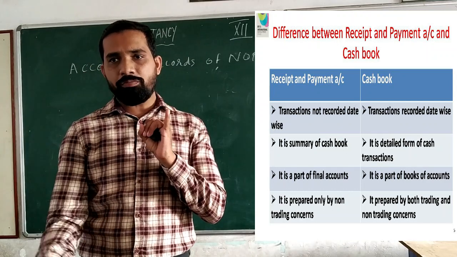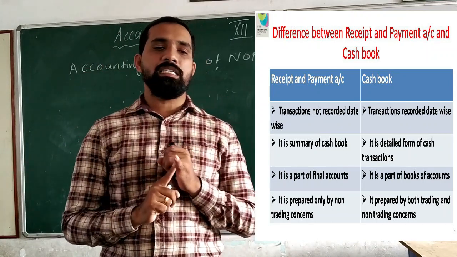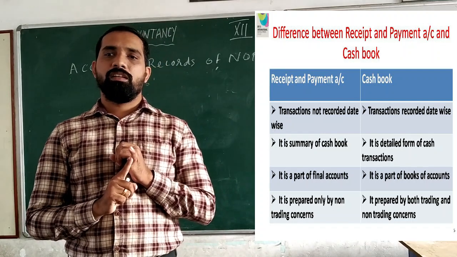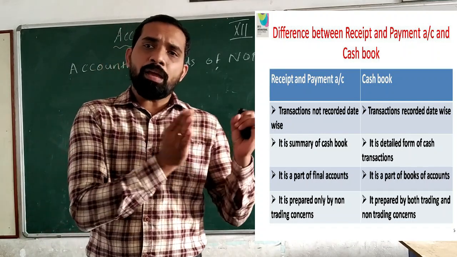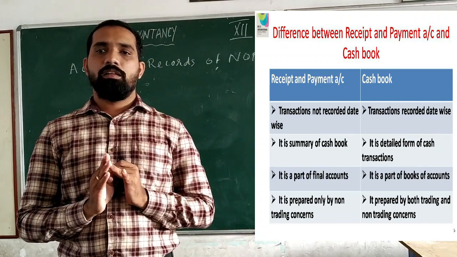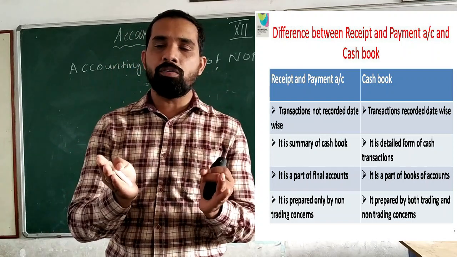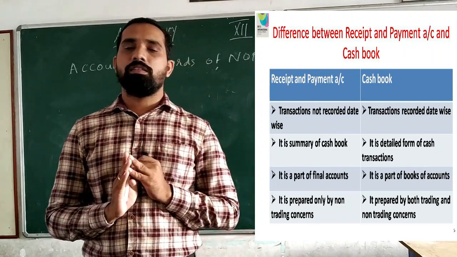But in the case of cash book, it is a detailed form of cash transactions. Receipts and payments account is a part of final accounts. But in case of cash book, it is part of books of accounts.